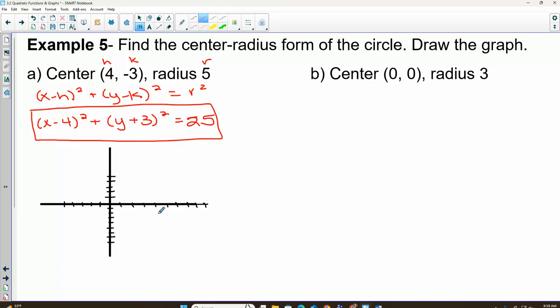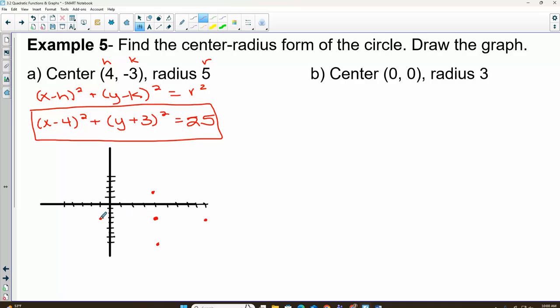So we go to 4, -3, and put a dot. My radius is 5. So that means I go 5 in every direction. So if I go 5 up, put a dot, 5 to the right, 5 down, and then 5 to the left.